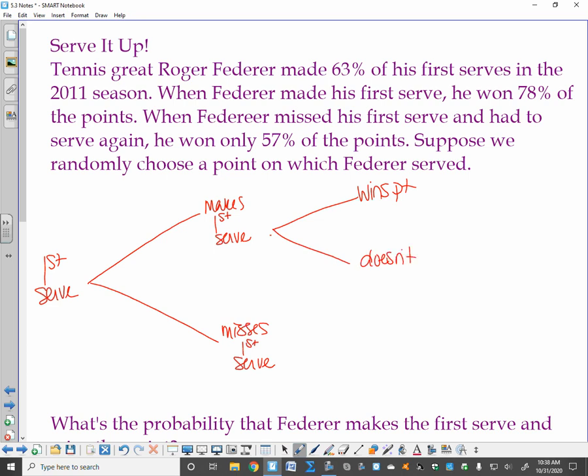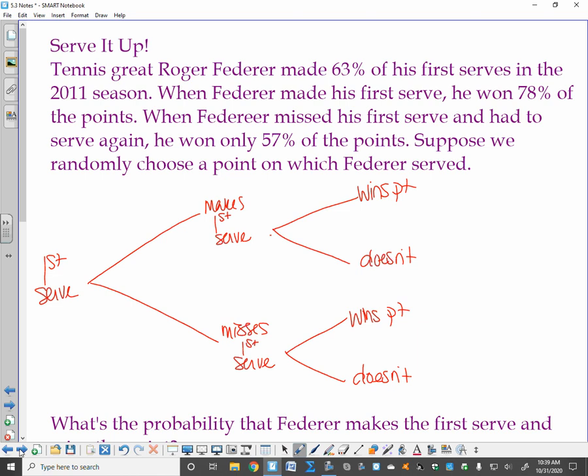And after he misses his first serve and he has to serve again, now it doesn't give me information about his second serve, but if he misses his first serve and has to serve again, then he either wins the point or he doesn't. There's my tree. So you guys can see the first event is his first serve. The second event is wins the point or not.